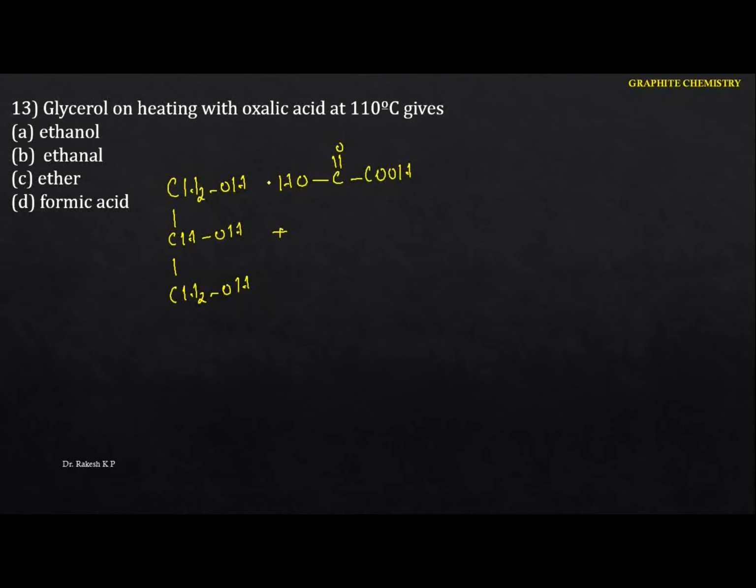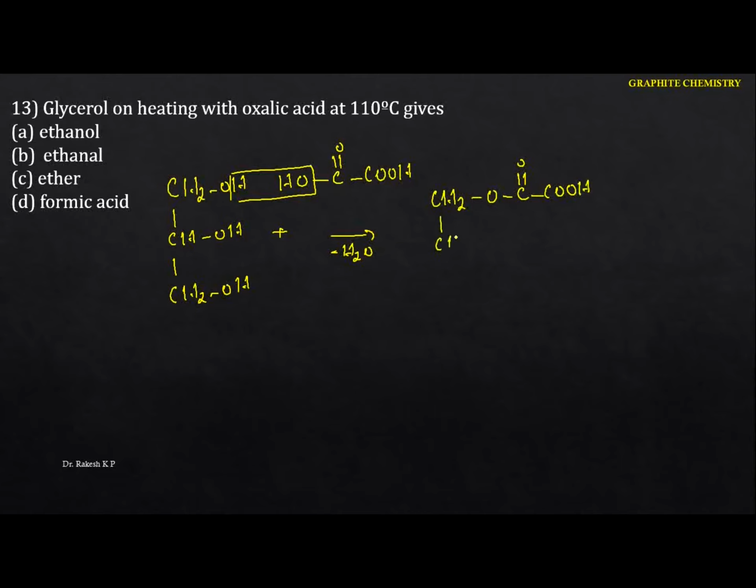Now see this one here. Here the cleavage will be like this, and the byproduct we are going to get is water. And here we got the intermediate. This is the C, O double bond C double bond O, COOH.